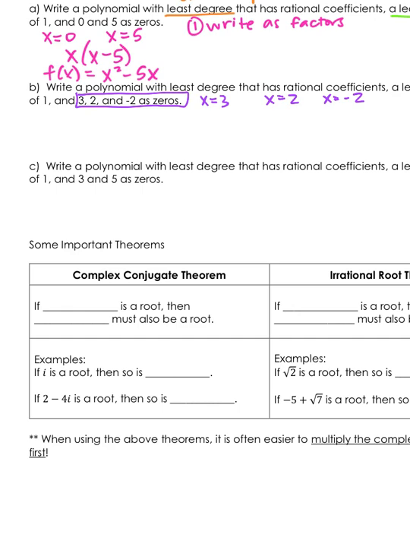I want to write those as factors. So this is going to be x minus 3, because remember we would want that to be equal to 0. This is going to be x minus 2, and this is x plus 2.